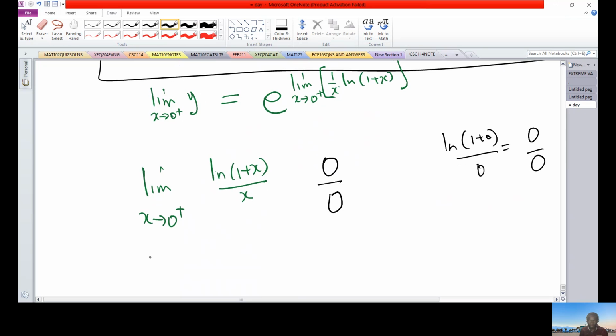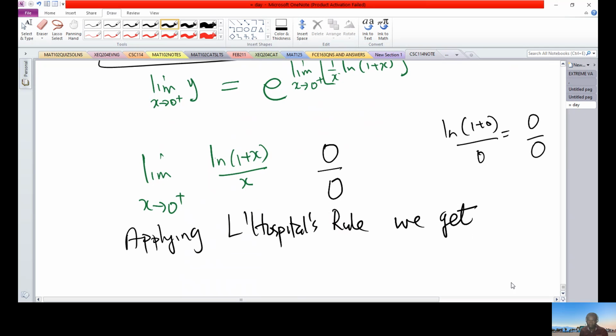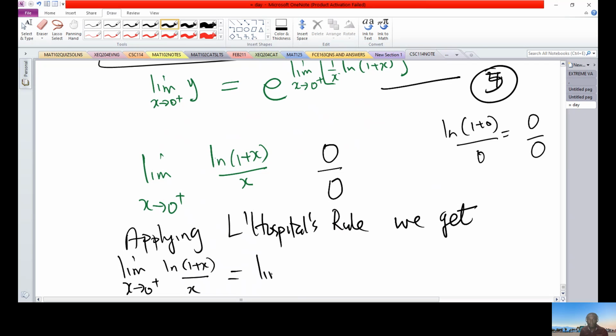So applying L'Hopital's rule, we get, call this one question 5, the limit as x approaches 0 from the right of ln of 1 plus x over x is the same as the limit as x approaches 0 from the right of, when you differentiate this one, you get 1 over 1 plus x, and when you differentiate x, you get 1.